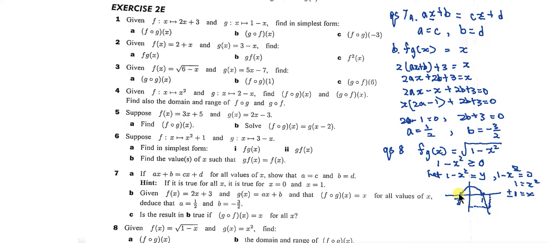Similarly x cannot be less than minus 1. It has to be in between minus 1 to 1. Therefore, the answer is x must be more than or equal to minus 1, and less than or equal to 1. Okay, that is the domain.